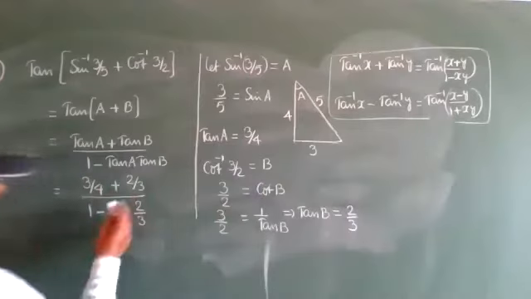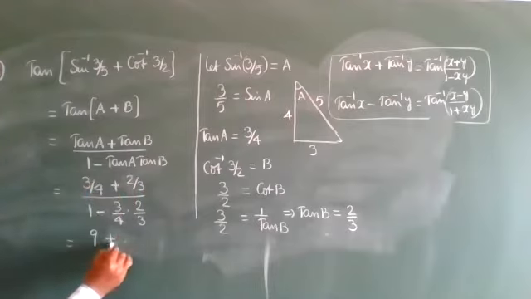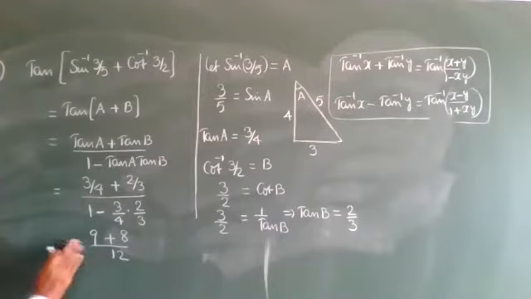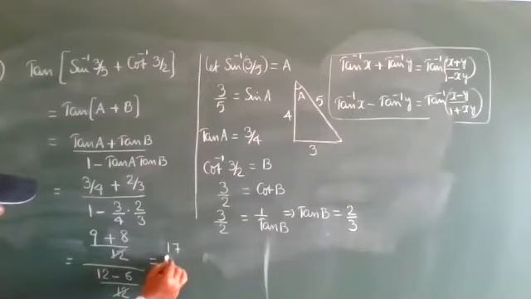One time check. LCM is 9 plus 8 by 4 into 3, which is 12. Here the LCM is 12, minus 3 into 2 is 6, by 12. 12 cancels. 17 by 6 is the required answer.